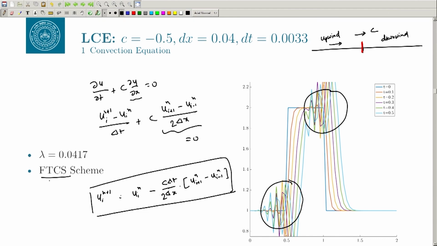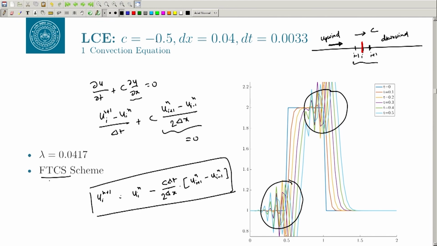When you want to calculate your gradient, you are taking the information from both, I plus 1 and I minus 1. But your wave is travelling from the left side. So, you do not have the information on the right side, but you are still taking the information from the right side to calculate the gradient, and that is why it basically blows up.